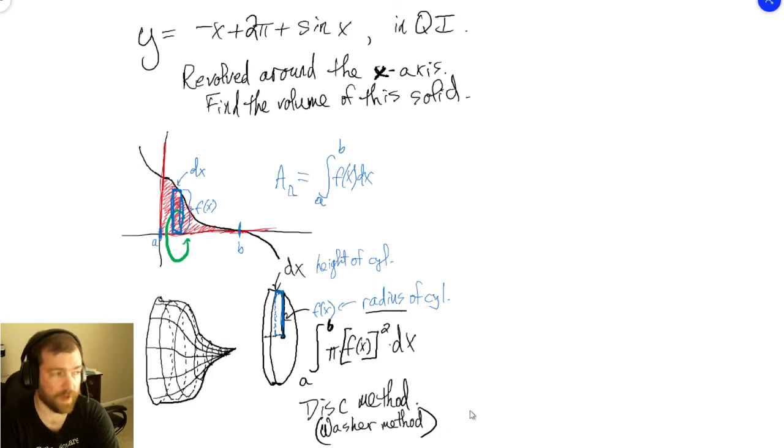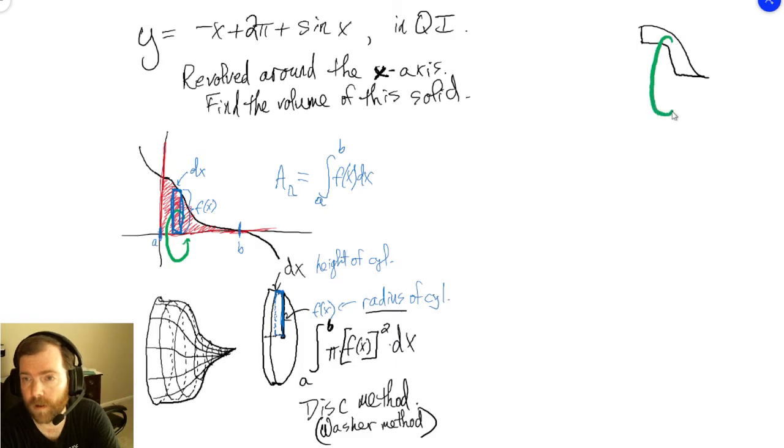In this particular case, we don't have a washer, we have a disk. However, all that would be required for a washer is for the center here to have a hole in it, in which case the radius ends up being the difference between the inner and outer. So let's back that off before anybody gets confused, but if we wanted something like that to be rotated around the axis.